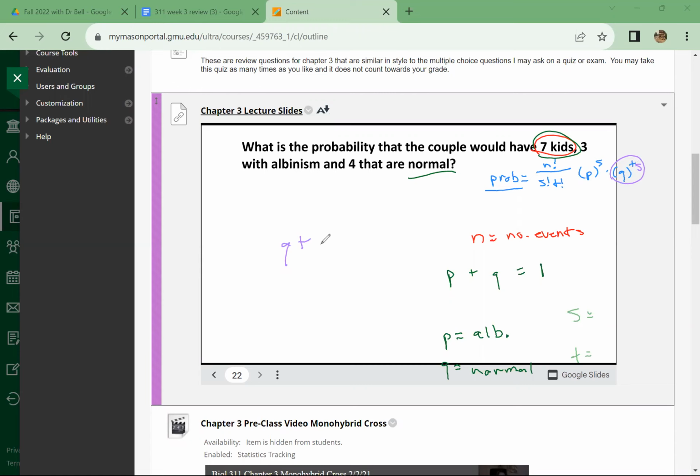I remember that Q is with T because QT is like you're saying the word cutie. Very fun. So T is associated with Q, S is associated with P. So if P is the probability of a child being albino, and S is the number of times we're looking for the event associated with P to happen, the number of children that are albino, what would be S?